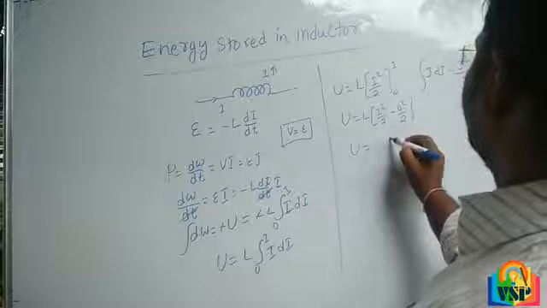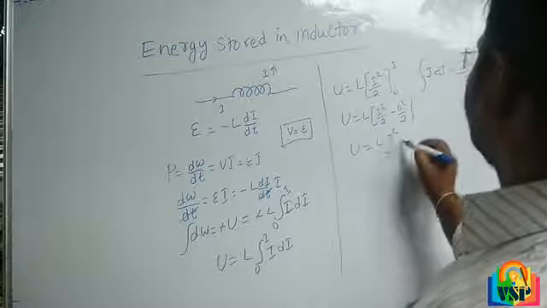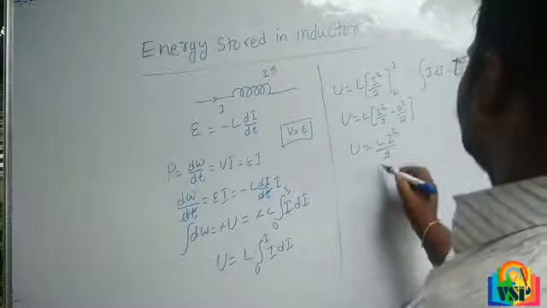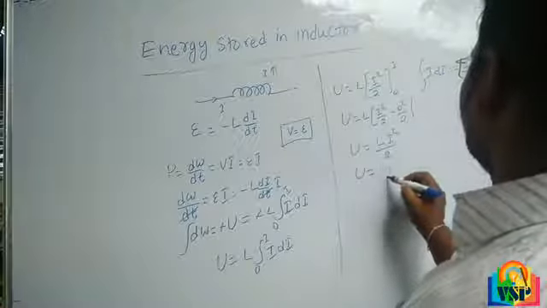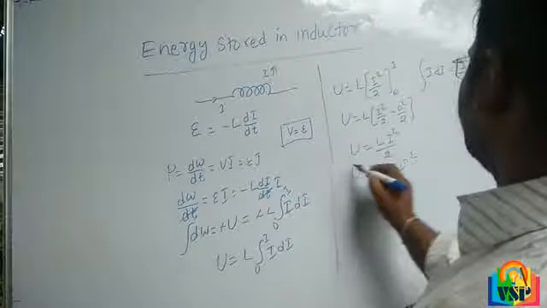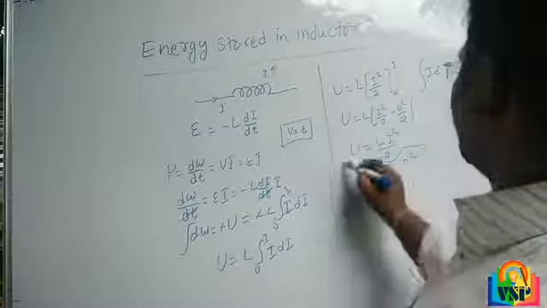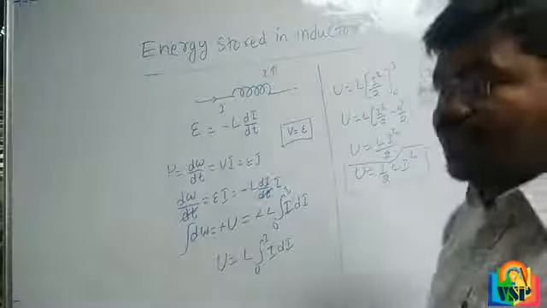Understand? L I square by 2. Rearranging, U is equal to 1 by 2 L I square.